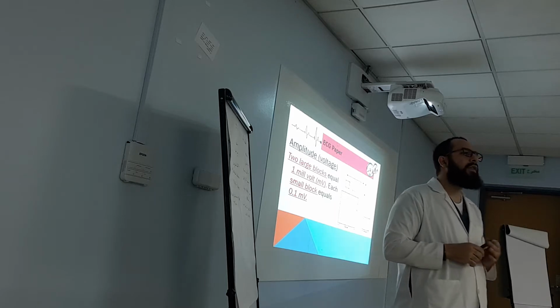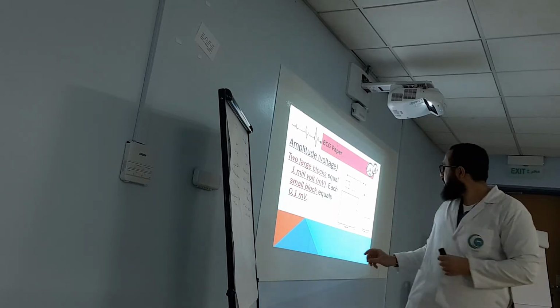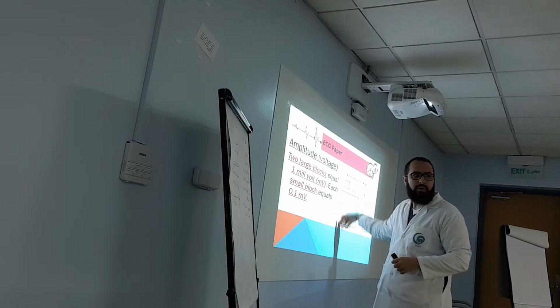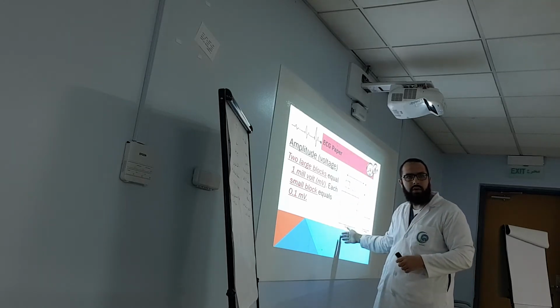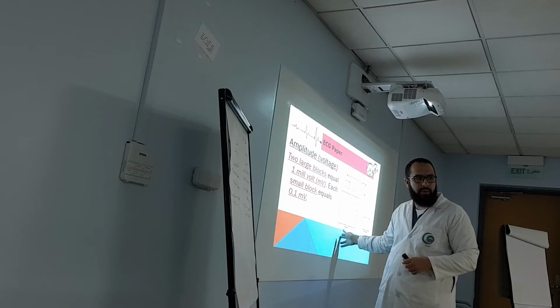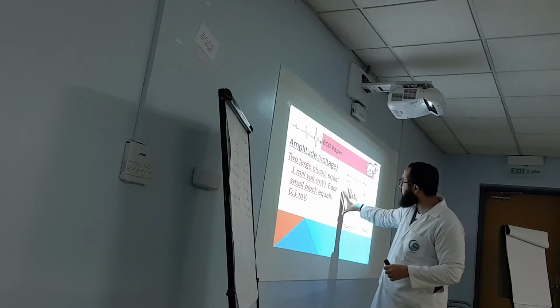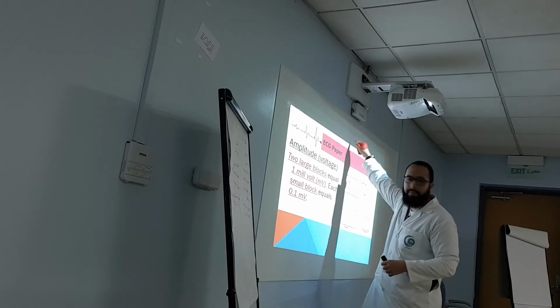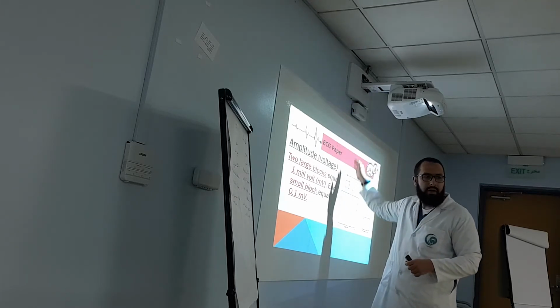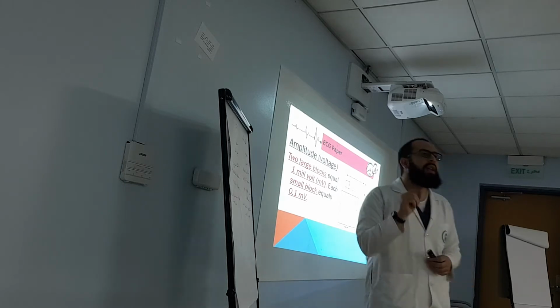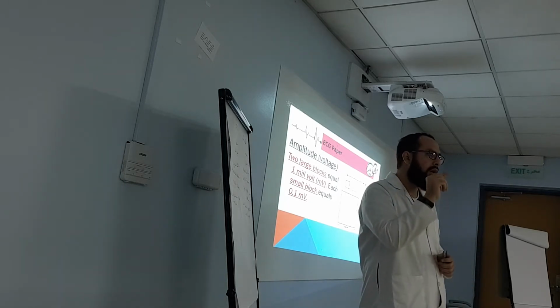I'm talking about the height now. It will show whether the wave is high amplitude or low amplitude, tall or short. So the wave can reach up higher. Each small square is equal to 0.1.